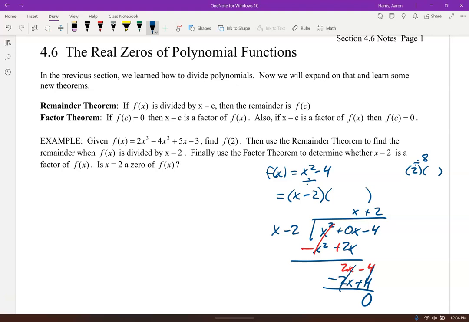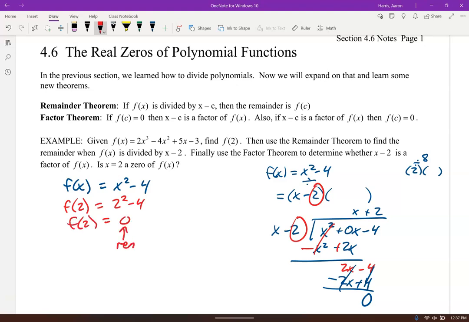I have no remainder. So what this remainder theorem is saying is, if I'm dividing by something of the form x minus c, in this case x minus 2, right? I'm dividing by x minus c, so our c is 2. Then f of 2 would give me my remainder.